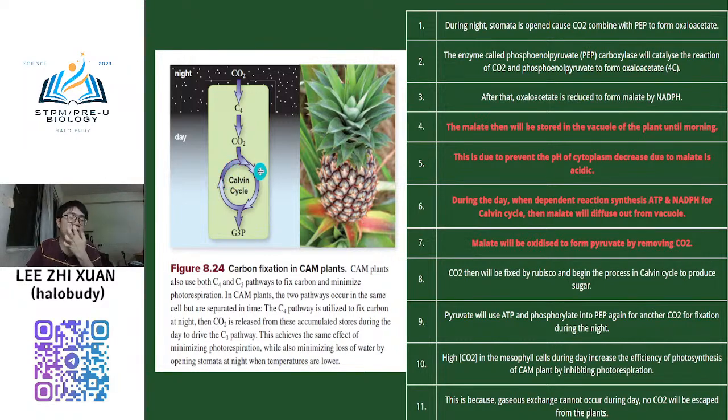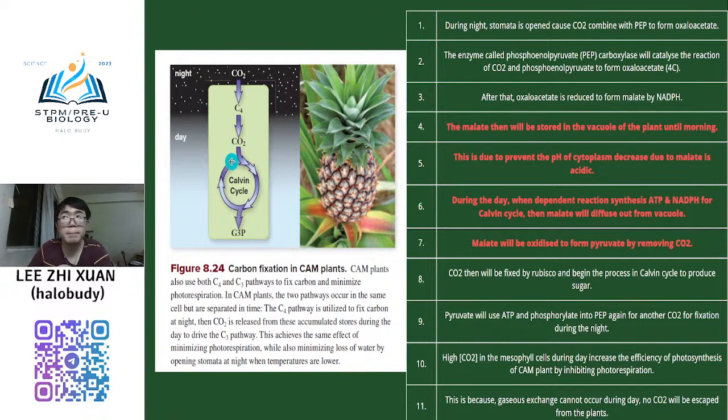During a hot sunny day, they want to keep the carbon dioxide concentration high inside the plant. Because they store a lot of malate in the vacuole, even though the stomata are closed on a hot sunny day and carbon dioxide cannot enter, inside the plant there is still a lot of carbon dioxide, so Rubisco can still bind to carbon dioxide rather than oxygen. That is why they use this mechanism.